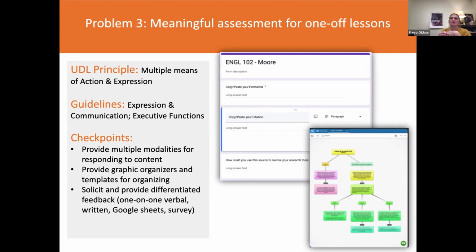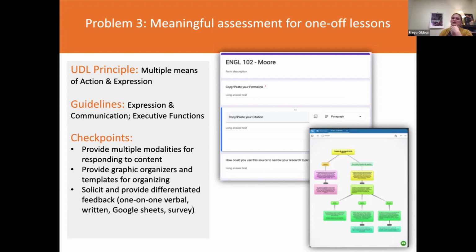But within this principle, you're allowing them to express themselves differently, you're allowing them to act and engage with the content differently. So the suggestion from the UDL framework side of things is that you would give them a little bit of choice in how they engage with the lesson.